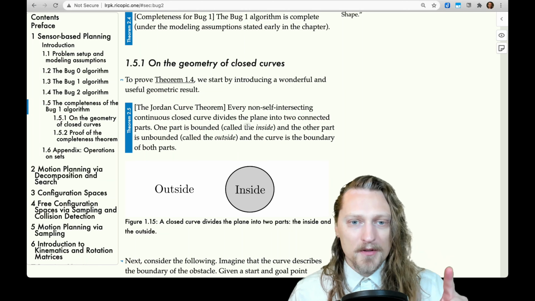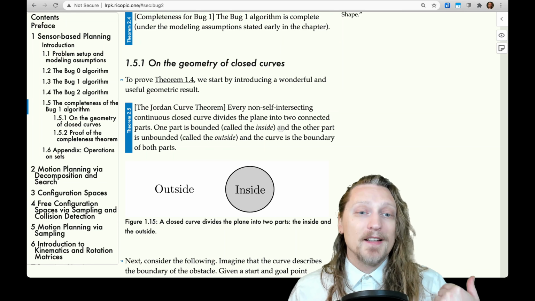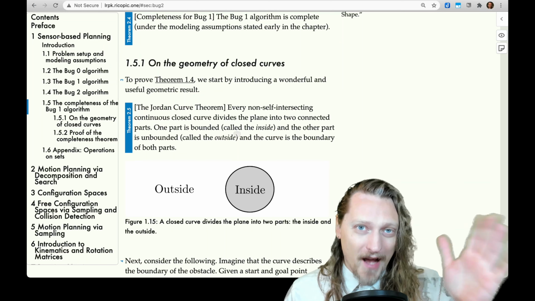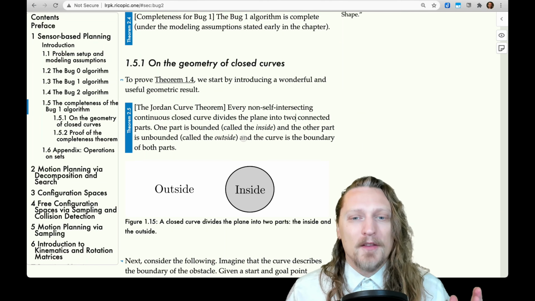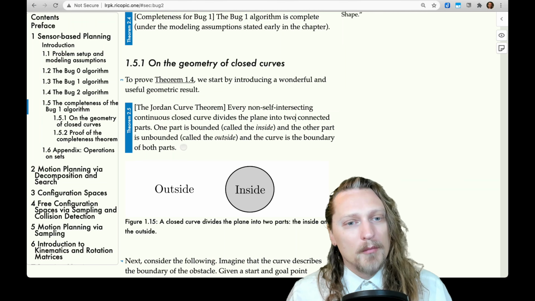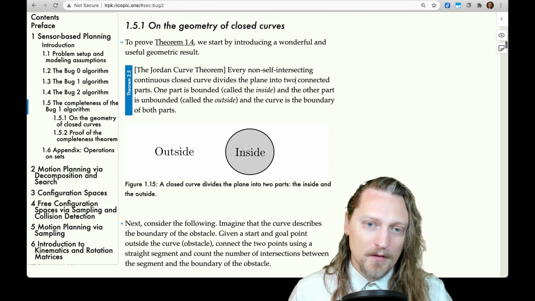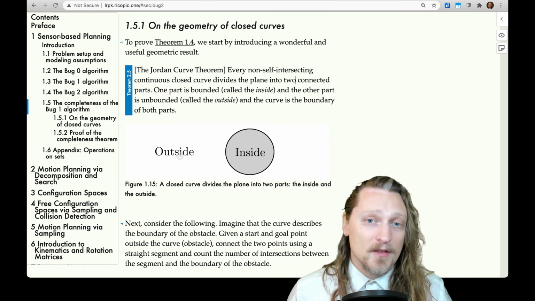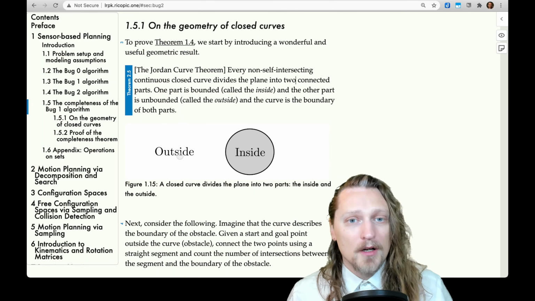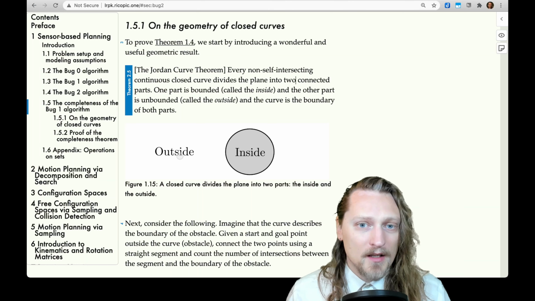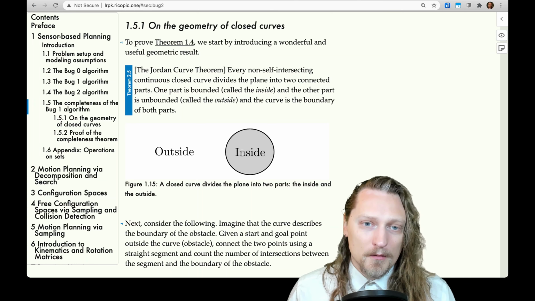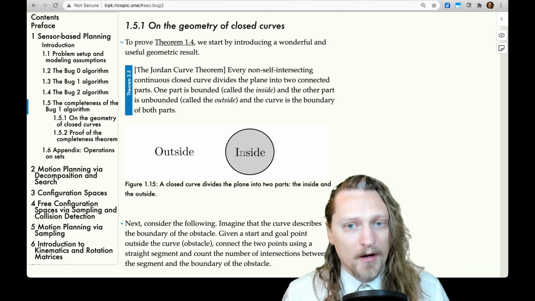One part is bounded, called the inside, and the other part is unbounded, called the outside. And the curve is the boundary of both parts, okay? So this figure shows it. You have an inside and you have an outside. As long as the continuous closed curve is not self-intersecting, we have these 2 regions of the space that are defined, okay?